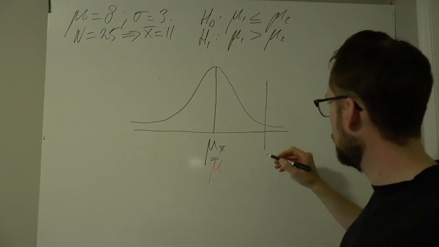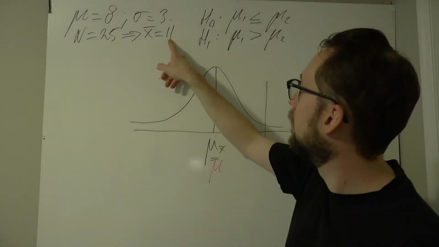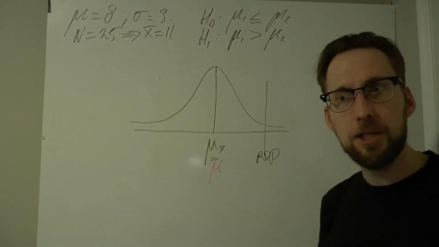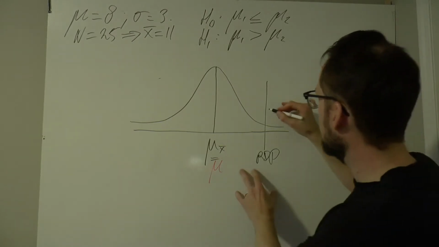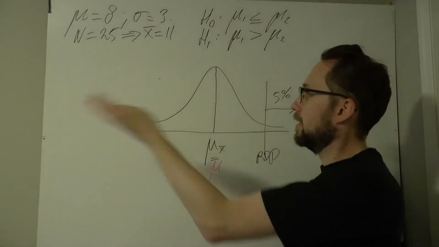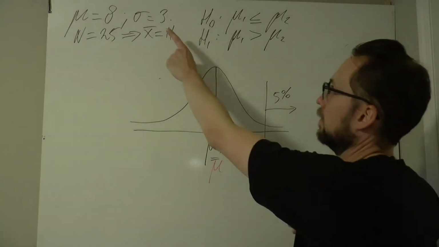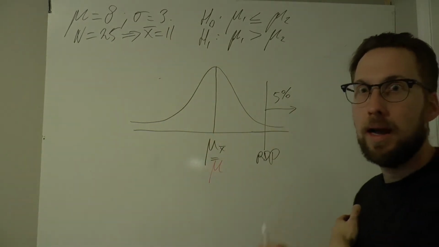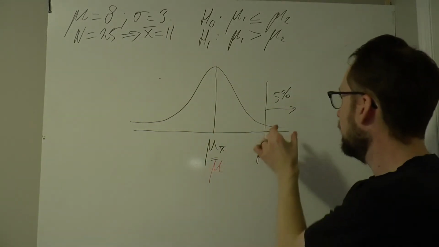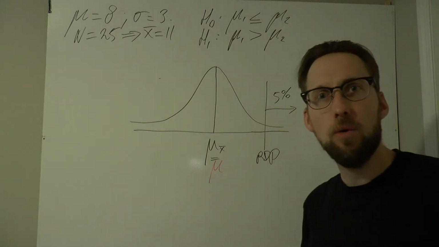So then I can say, okay, well, my RDP mean is very far removed from the mean of the population. So far removed that I can say if only 5% of all the sample means in that sampling distribution are this big or bigger, that's not a coincidence. That's such a small percentage of observations, something real is going on.